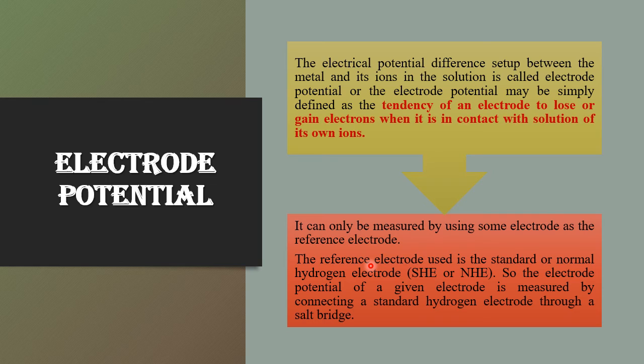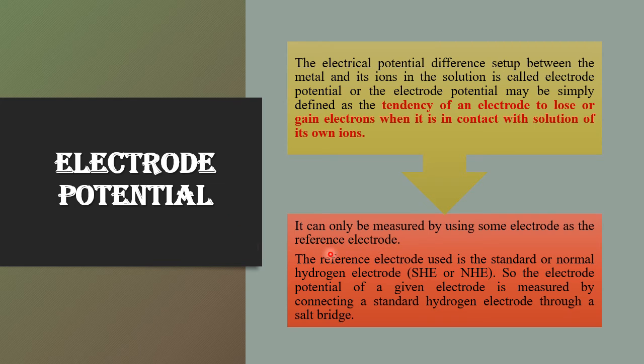Now the question arises that electrode potential is basically the type of potential that is generated inside the chemical cell due to the oxidation or reduction reaction. But how can it be measured? So we may measure the electrode potential of an electrochemical cell once we have one electrode which is acting as the reference electrode.